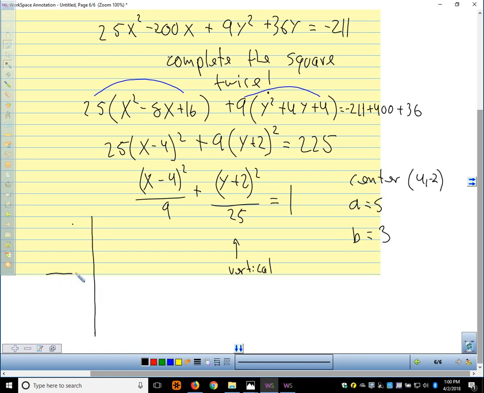It's going to be a rough sketch. So here's my center at (4, −2). I'm going to go up and down 5 units from the center to get to my vertices. So I go up 5, I get (4, 3), and I go down 5 from here, I get (4, −7).